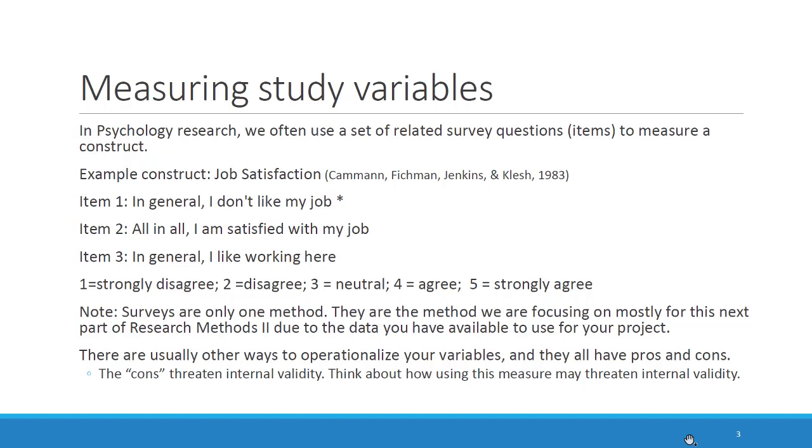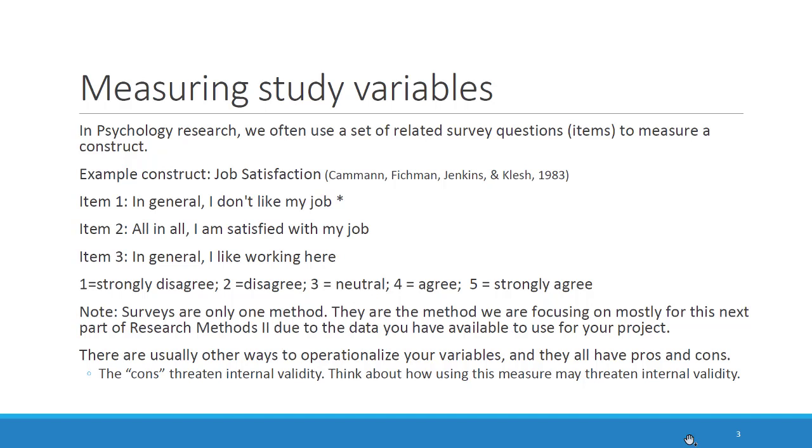Question 2 is, all in all, I am satisfied with my job. And question 3 is, in general, I like working here. Participants would choose their response based on 1 being strongly disagree, 2 being disagree, 3 being neutral, 4 agree, and 5 strongly agree. So that's one way that we could measure a particular variable of job satisfaction.